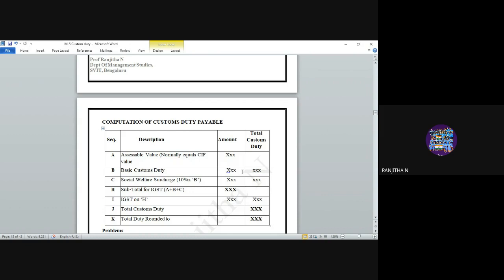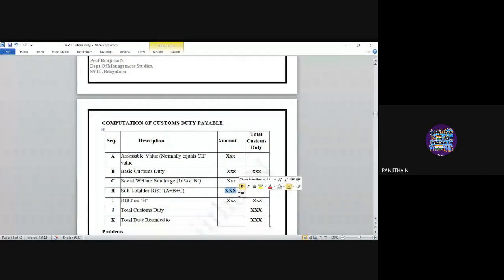Next, after finding the social welfare charges, students, just add the first three things: assessable value, basic customs duty, and the social welfare charges. After adding these three, you will get the subtotal, and after getting the subtotal, the next step is to calculate the IGST. What is this IGST? IGST is the Integrated Goods and Services Tax.